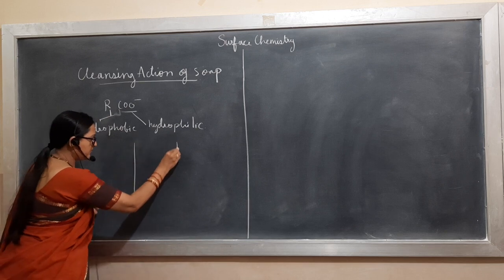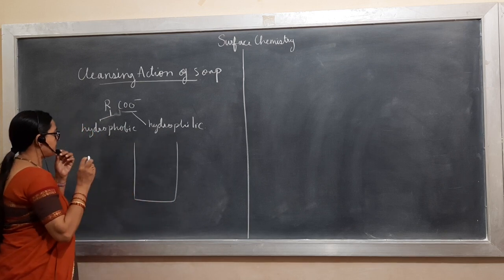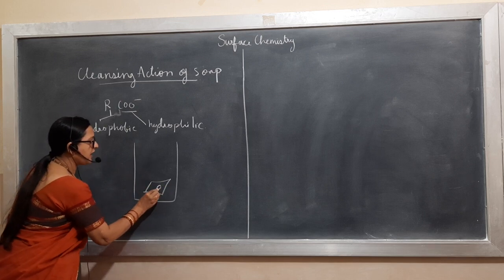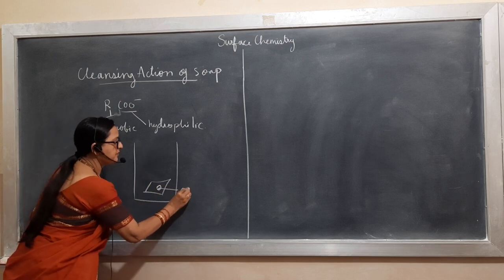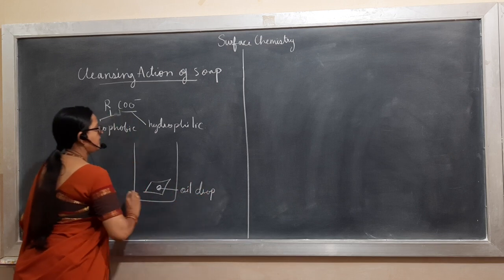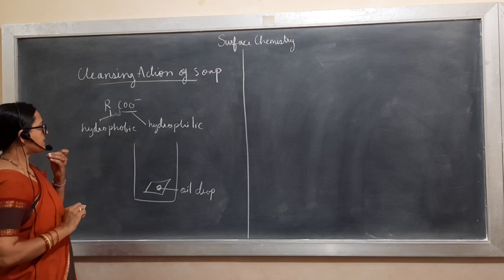In the water, when a cloth is put, suppose we have a cloth here and there is one oil drop on this cloth. Your micelle ions are formed.